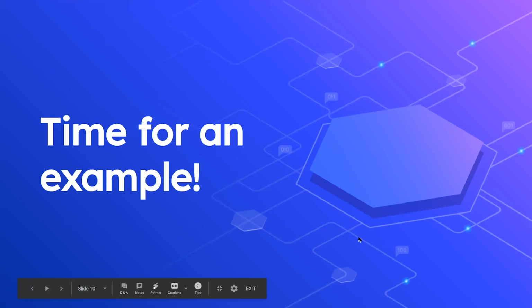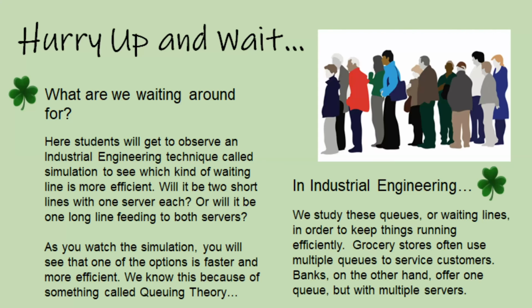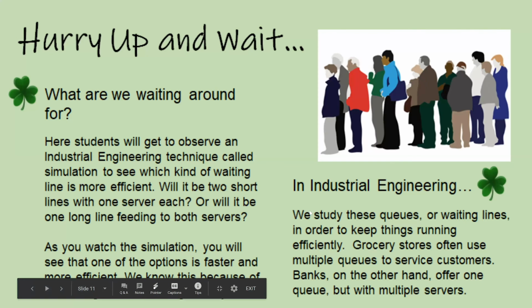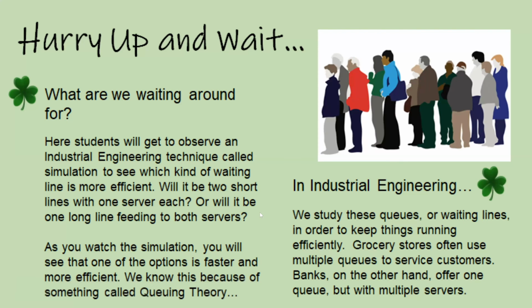So now it is time for an example to show you all how simulation is actually used. The game or the example that we have put together for you all is called Hurry Up and Wait. As we said, we study different lines and we want to understand how people flow between lines and how fast that lines move so we can make them more efficient so that people are not waiting as long.